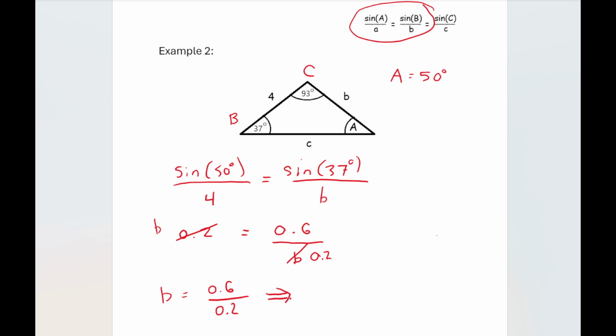If you plug that into your calculator and solve for it, you should get that our side B is 3. So B equals 3. And clear this out and repeat that same process for our side C.